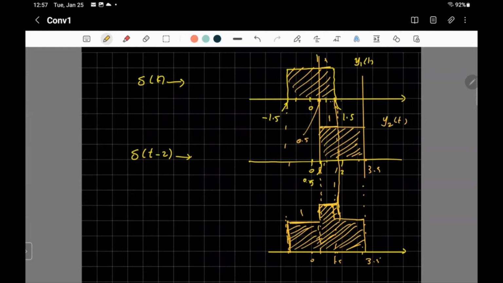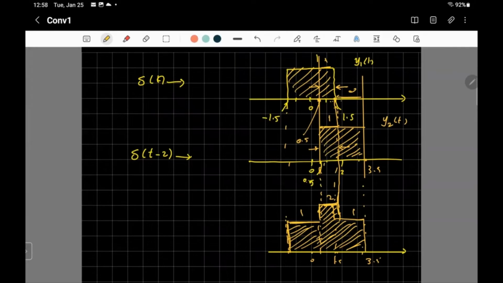So during this period, you will find both signals are equal 1. So when you add them, you get 2. But after you exceed 1.5, Y1 goes back to 0, but Y2 still has 1 as amplitude. So when you add 0 and 1, you get 1 again. So that's how you get both of them.